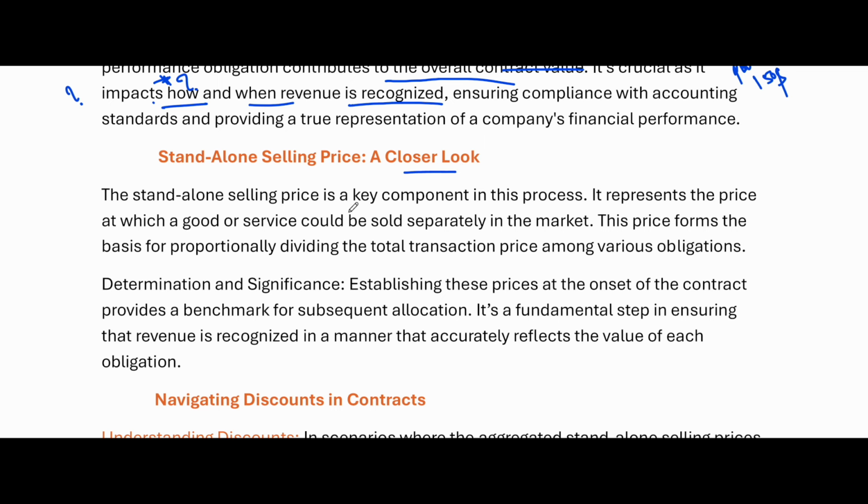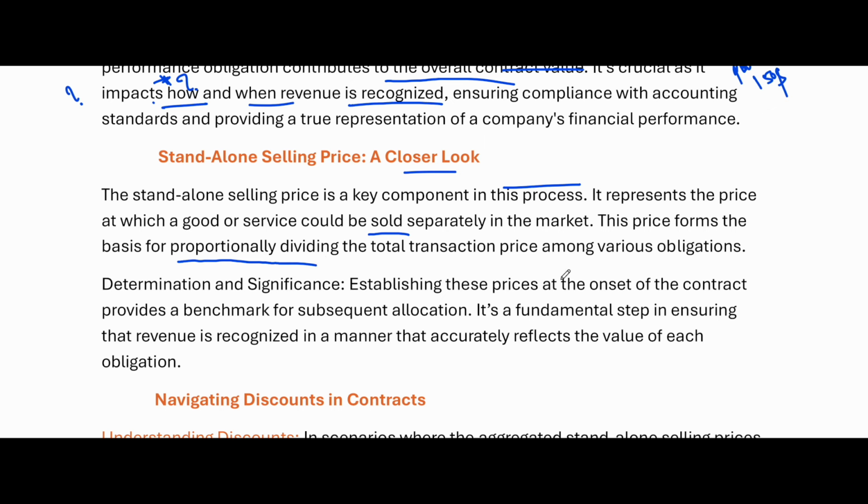Now, the standalone selling price at a closer look. A standalone selling price is a key component in the process. It represents the price at which the goods or services could be sold separately, because you are selling it separately, the prices are different in the market. This price forms the basis for proportionately dividing the total transaction price among the various obligations, which have standalone prices.